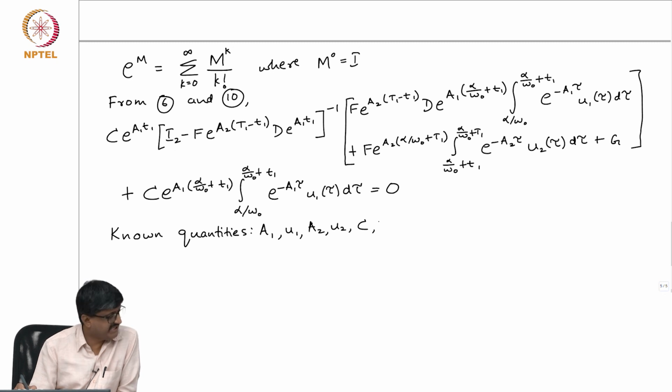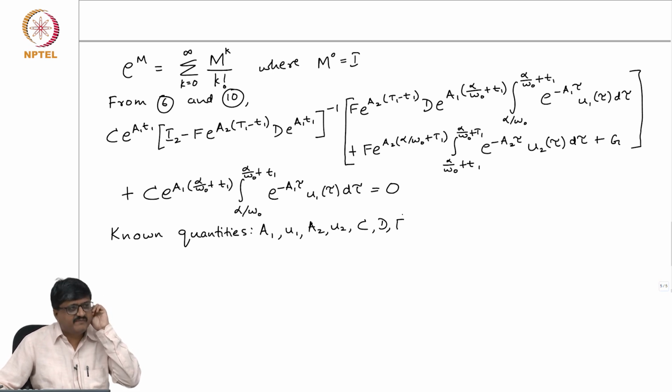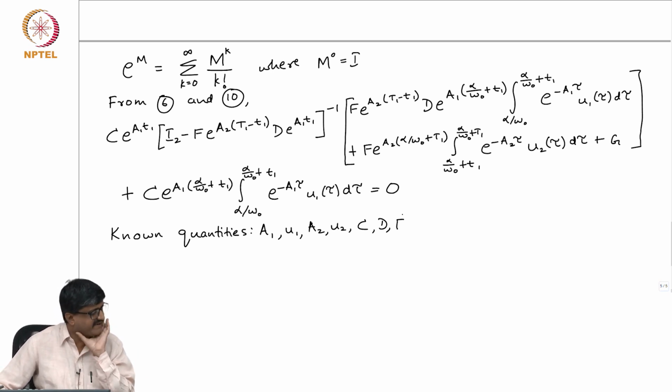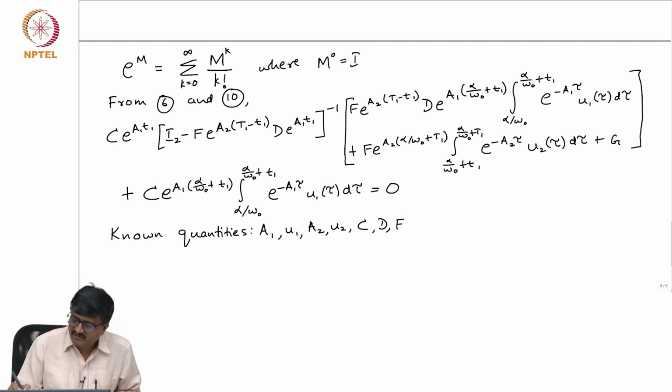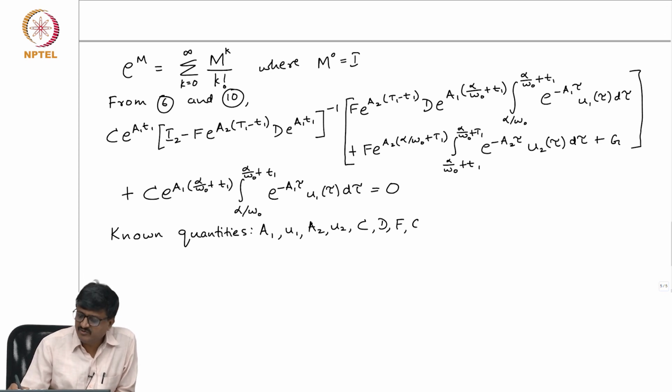Then D is also known. When it comes to the equation relating x1 at alpha by omega o and x2 at alpha by omega o plus uppercase T1, there are two matrices F and G. That equation was just assumed. I will make one more statement and prove it later: F and G are also known.